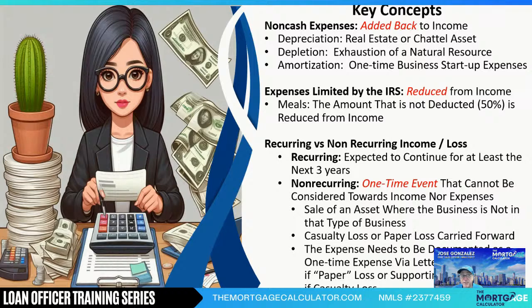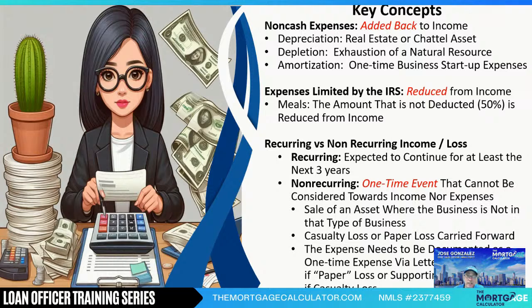Now what usually happens here is that we have items listed in the non-recurring column, like a non-recurring loss or a non-recurring income. That is a one-time event that cannot be considered towards income nor expenses.